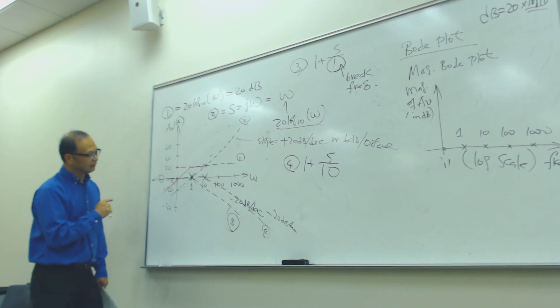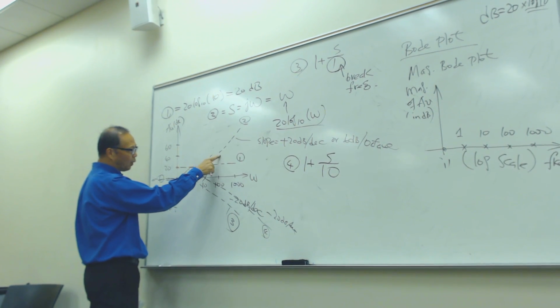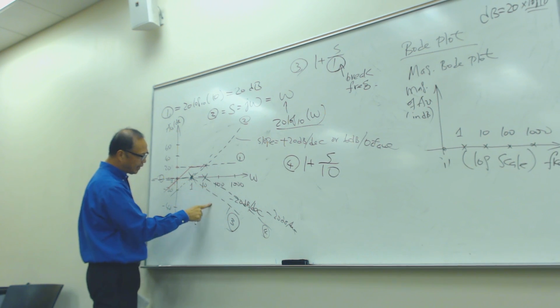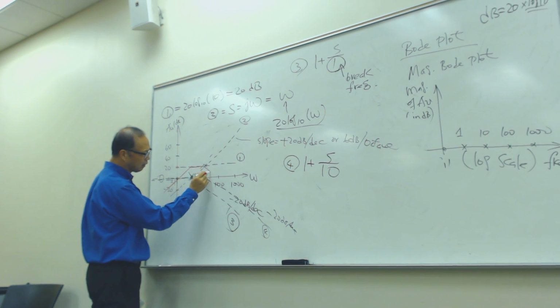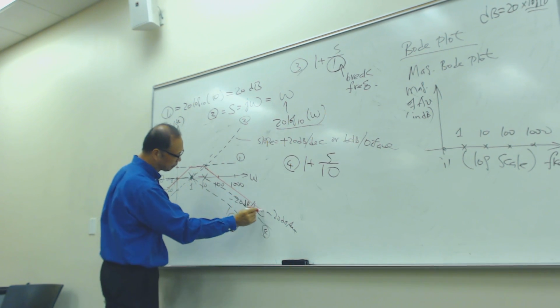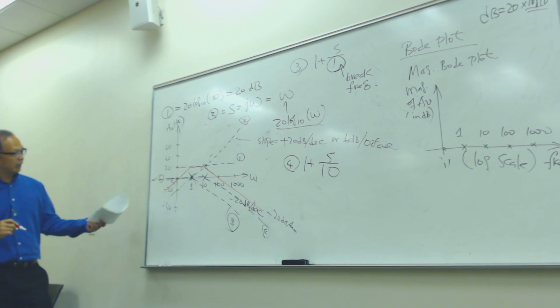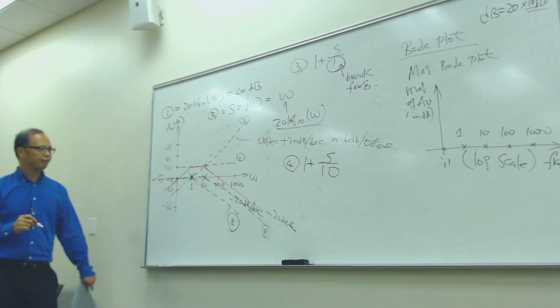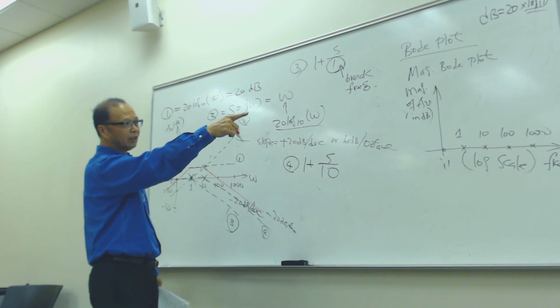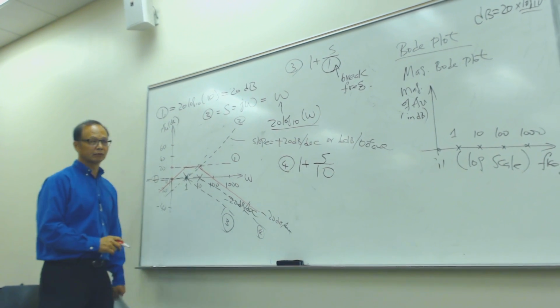After 10, you have 20 slope, 0, minus, so minus. And then does it change again? No. So therefore, this is the final Bode plot of the equation I just gave you.